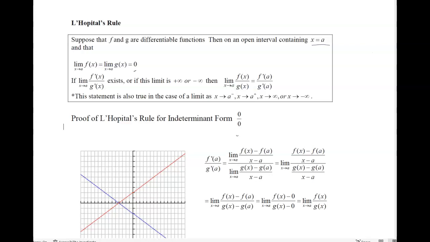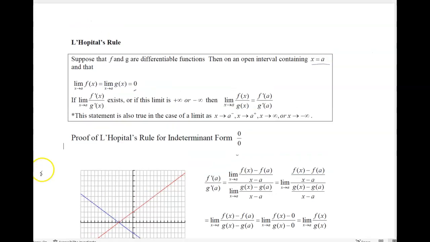Then we can find the ratio of the limits by finding the ratio of the limits of their derivatives. So if we have an indeterminate form, okay? So the first indeterminate form we're going to work with is, what if we have a problem where we have a 0 over 0? So let's look at why this rule works, first of all.